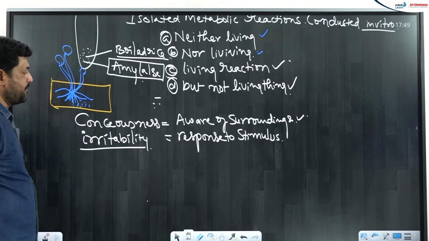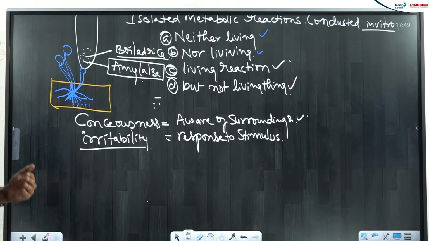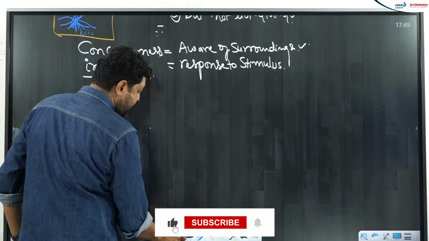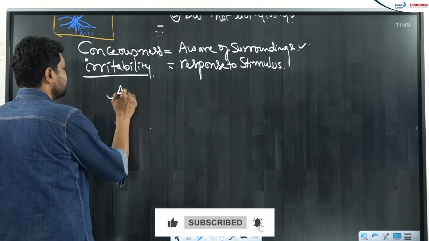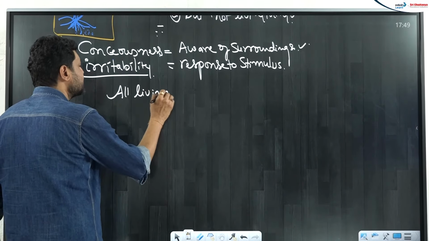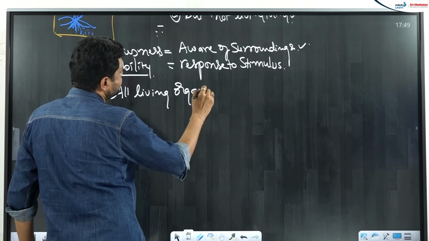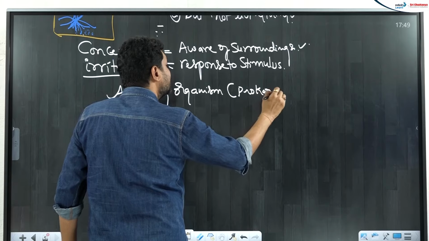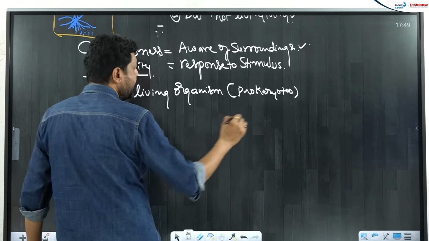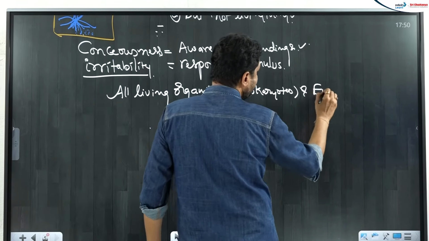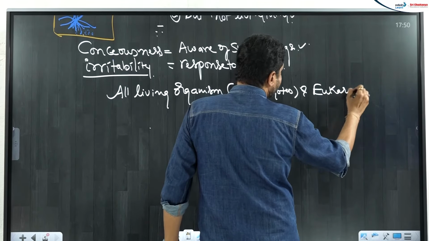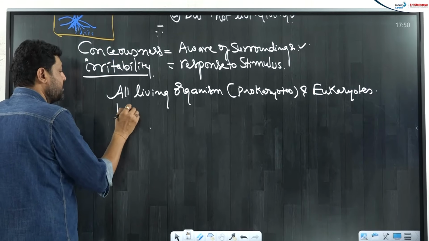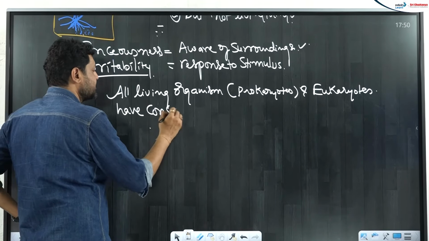What comes first? Consciousness comes first. Being aware of surroundings is very important, because all living organisms, I repeat, both prokaryotes and eukaryotes, are aware of their surroundings, have consciousness.